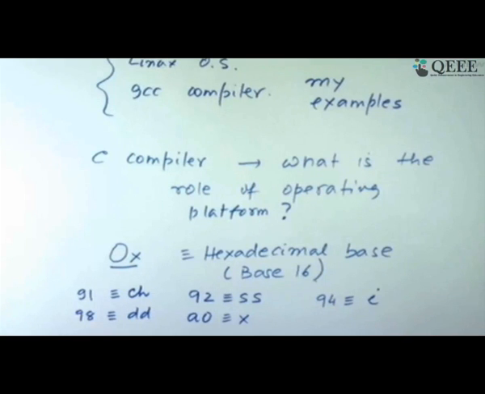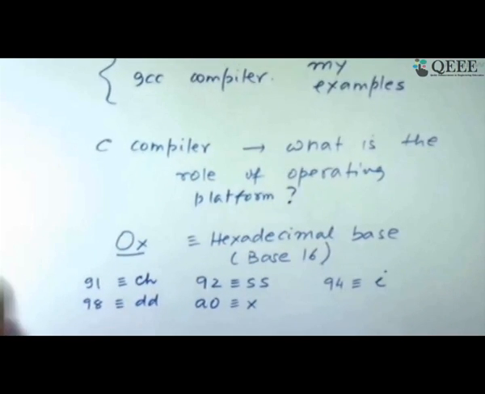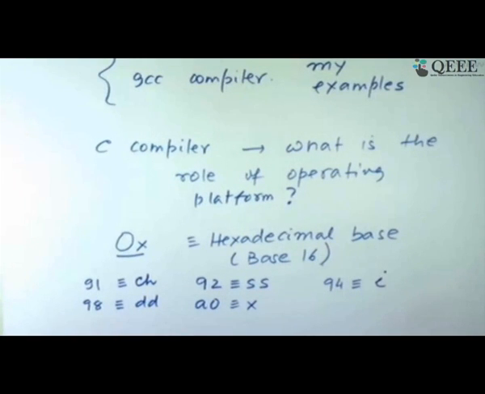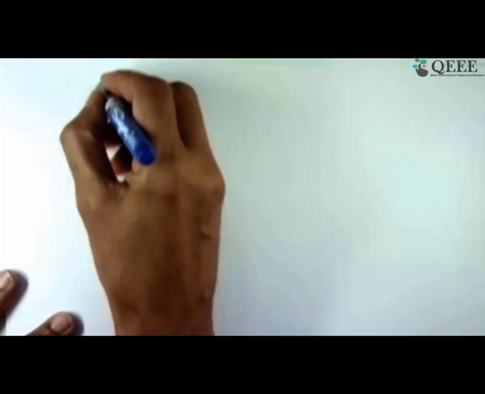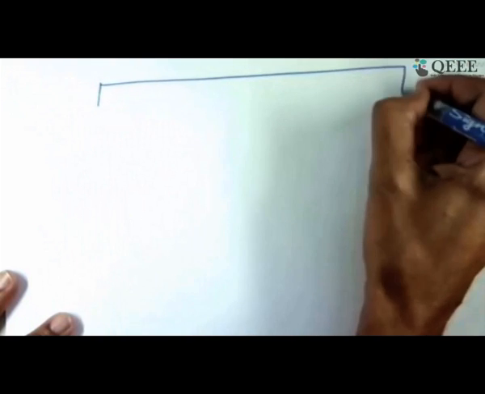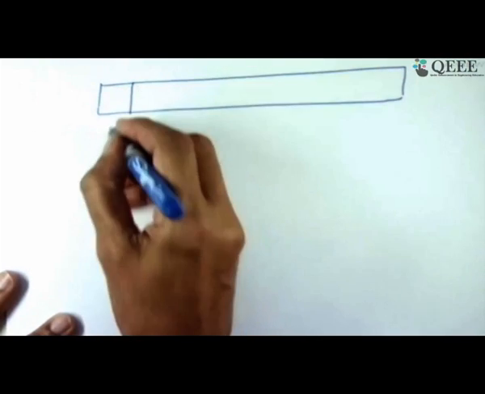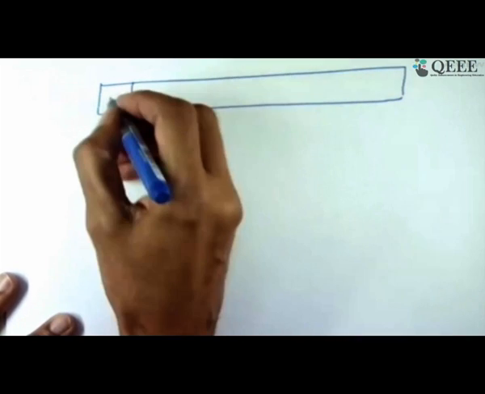What has the compiler done? How is the memory address assigned? Observe that typically a char in C is 1 byte. If I draw the memory in a long chain fashion and write the addresses below, each is a byte. So 91 is where the value of the character CH has been stored.